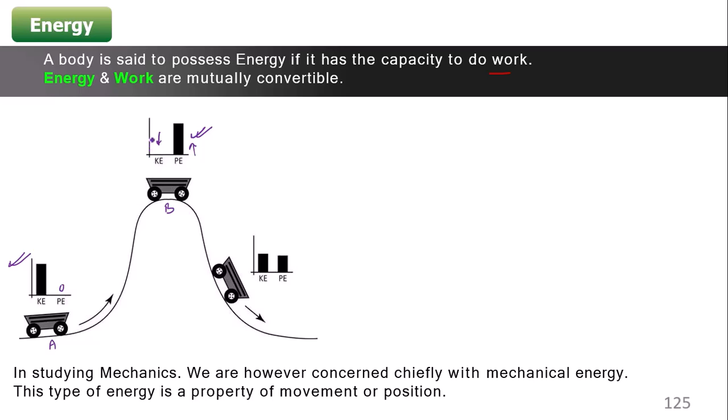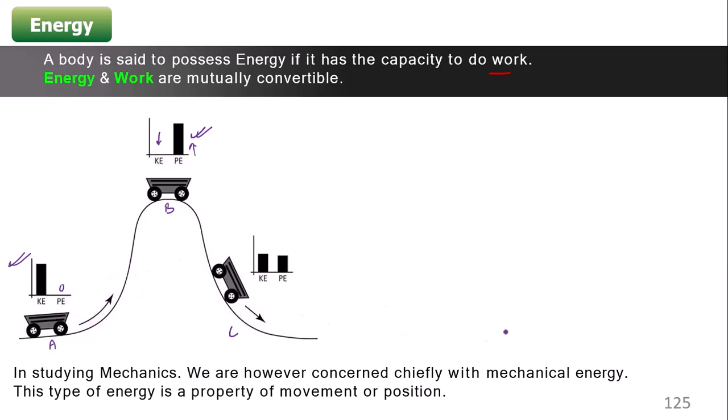That means it is converted. We can convert one form of energy to another form. Similarly, when the same car is moving downward from B to point C, you can clearly see that the potential energy is reducing and kinetic energy is increasing gradually. So whenever we start this situation, some form of energy is converted to another form.